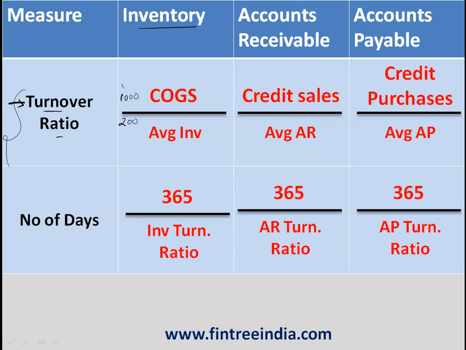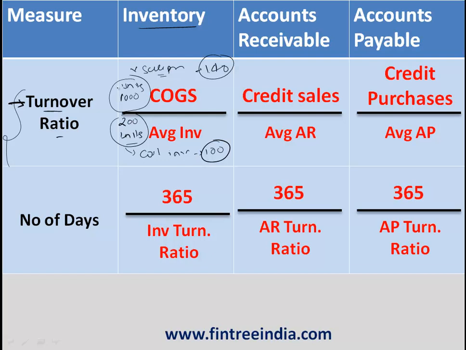Now if the same thing we have to convert in currencies, in rupees or in dollars, if I multiply this 1000 units with sales price, and 200 units with cost of inventory, the ratio would not be 5, because if the cost is 100 rupees per unit, the sales price must be 130 or 140 per unit, and therefore if I multiply the numerator with a different number and the denominator with a different number, the ratio will change.